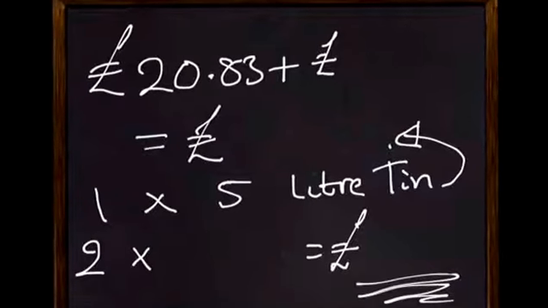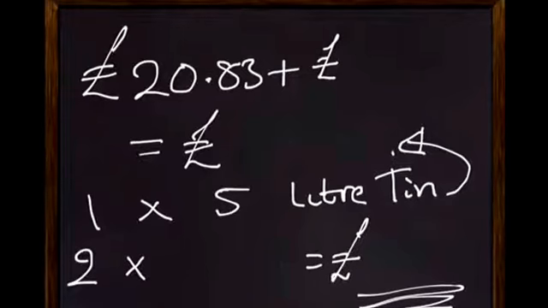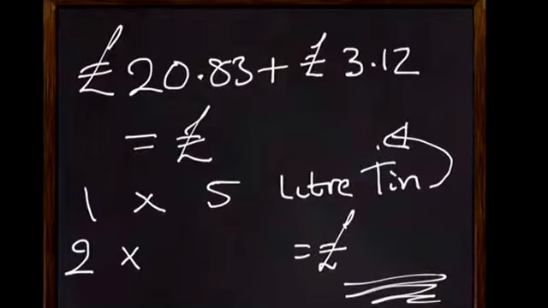Next, we're going to add this £3.12 to the original amount, so we can find out the total cost, which is question number 3, for the paint with VAT at 15%.